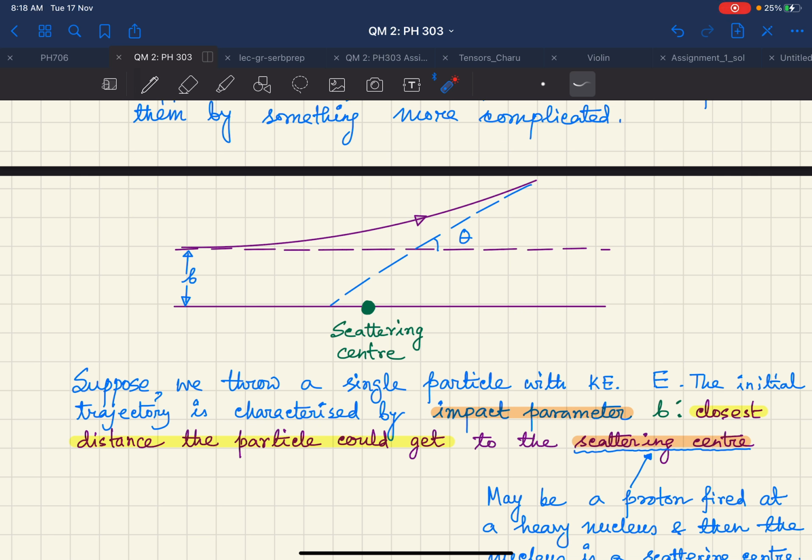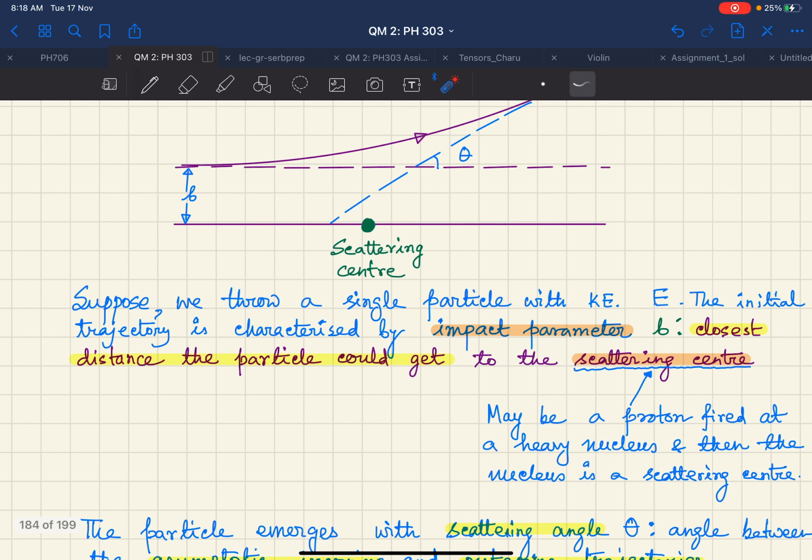Because of the presence of this force field, or because of the potential at this point, the particle cannot reach very close to the scattering center, rather it will get scattered in a different path, and the lowest distance it can reach close to the scattering center is known as the impact parameter.